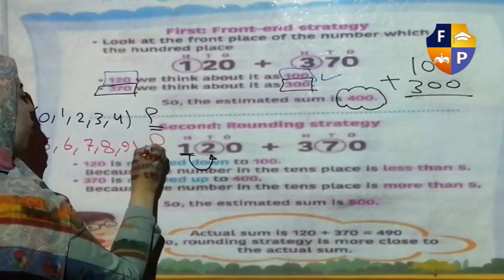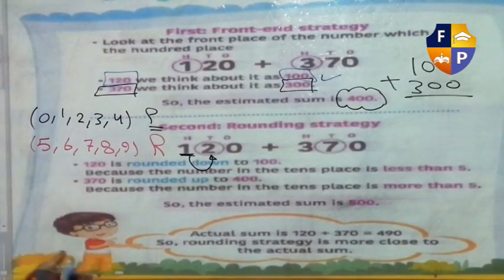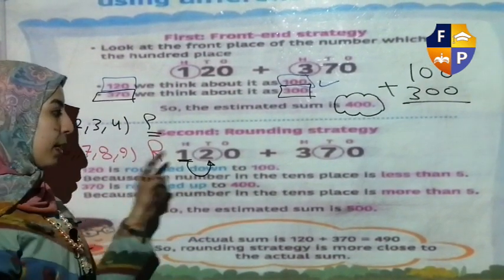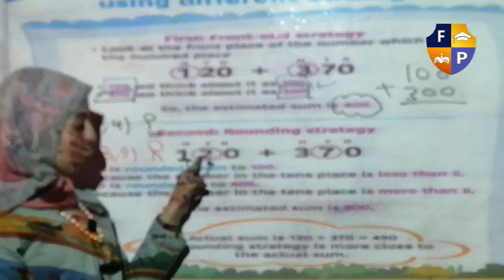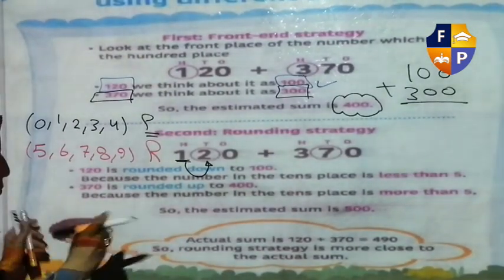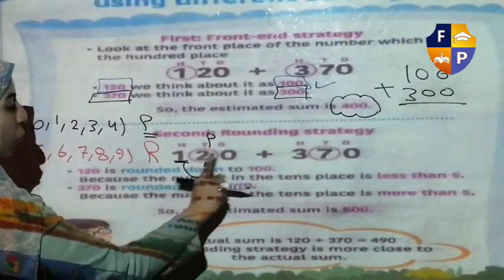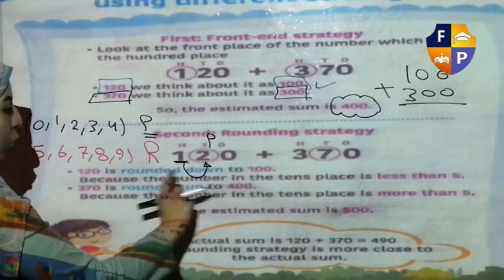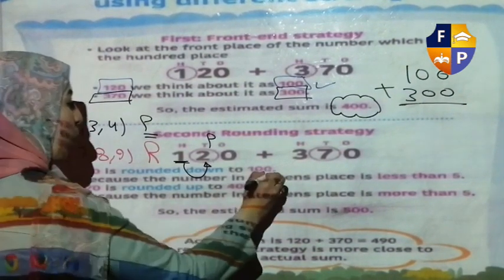Underline the digit in hundreds. Look at the digit before hundreds in tens place. We have 2. 2 is poor. So 120 rounds down to 100.